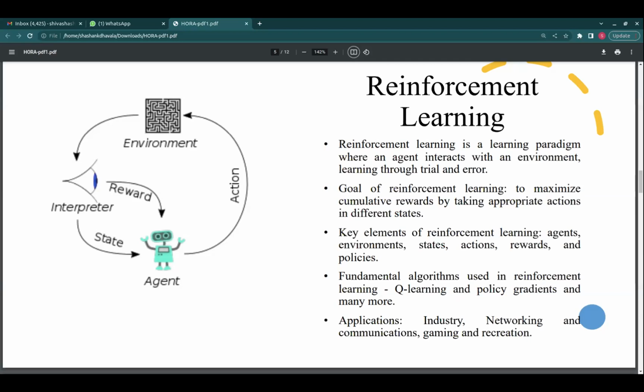Now, if we look at the kind of algorithms that are used within reinforcement learning, there are many that have come up with advancement in research, but a few of the main ones are Q-learning, Markov decision processes, and policy gradients. These are all different algorithms, but what we need to understand is all of them have one commonality between them.